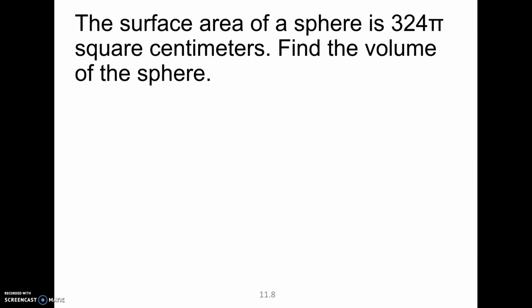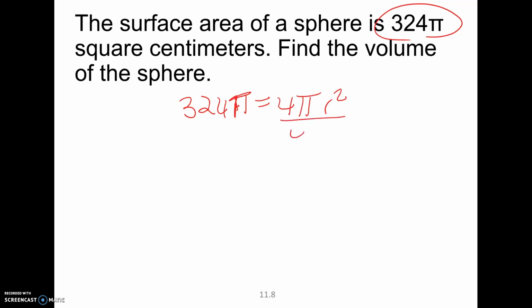Okay, the next one says the surface area of the sphere is 324 pi, and I want to find the volume. So I'm starting with my surface area, which remember on the last slide we said was 4 pi r squared. Again, I'm going to take it and I'm going to solve for that variable. Okay, so the pi's are going to cancel. I'm going to have 81 equals r squared.